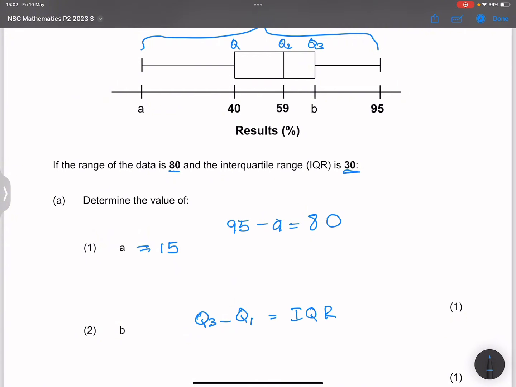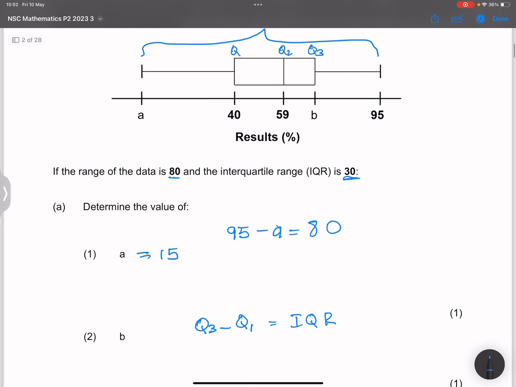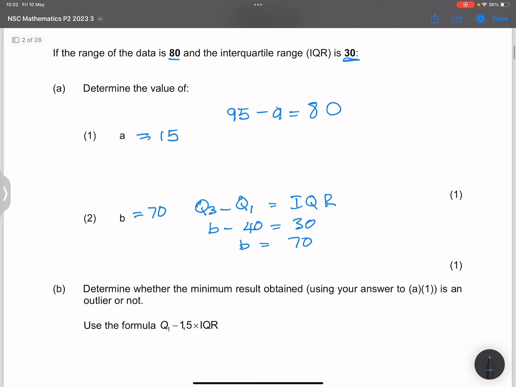So we know that Q3 is B and Q1 is 40, and our interquartile range is 30. So that means that the value of B is 70.